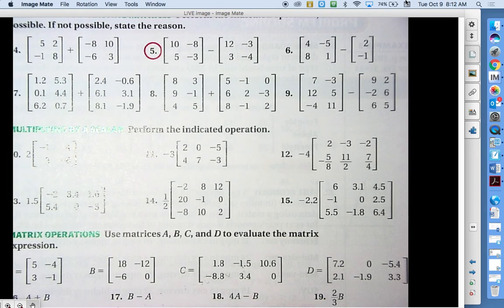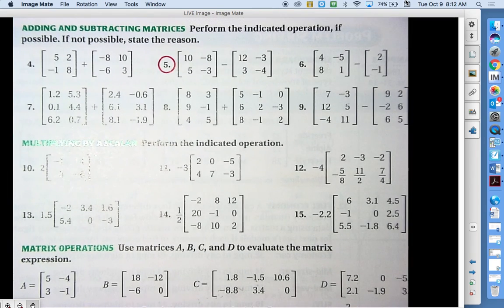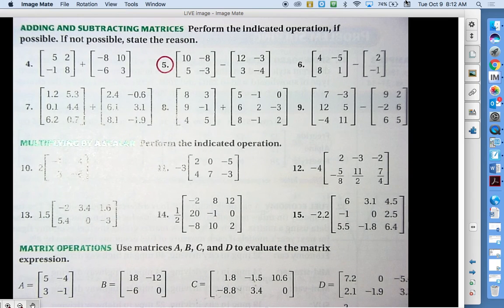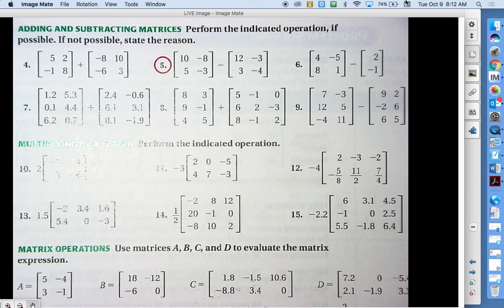I'm thinking you can get at least a couple of them done. Again, please write the original problem. So the first one says perform the indicated operation if possible. If it's not possible, make sure you're saying why. So if they cannot be combined together, you would say the dimensions are not the same. One is a 2 by 3, the other one's a 3 by 2, whatever that happens to be.